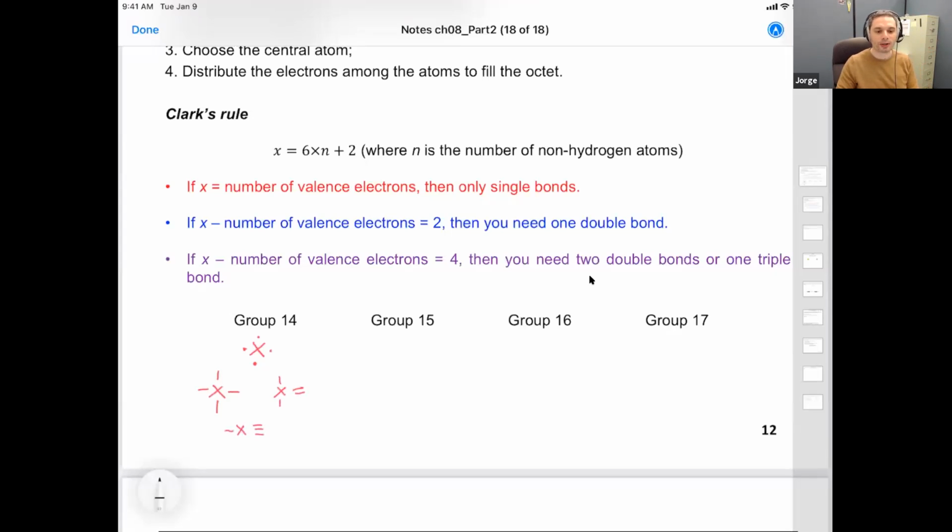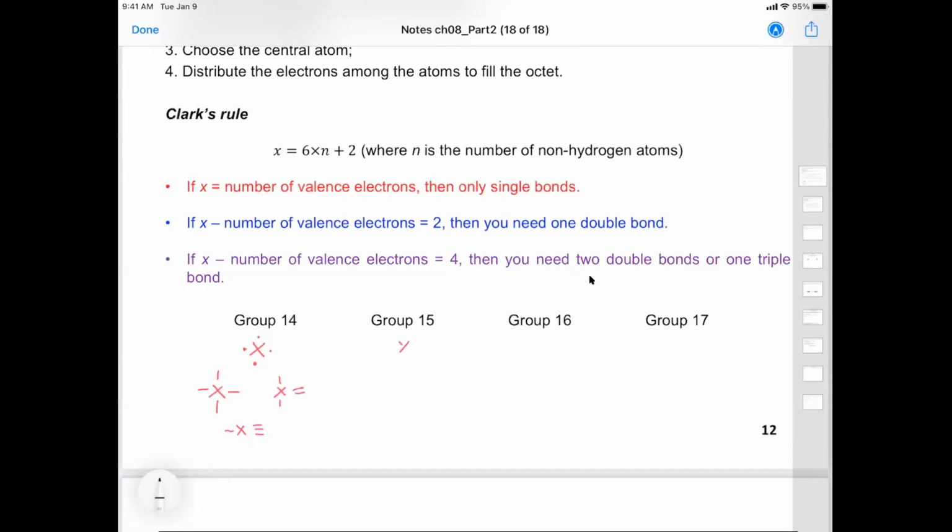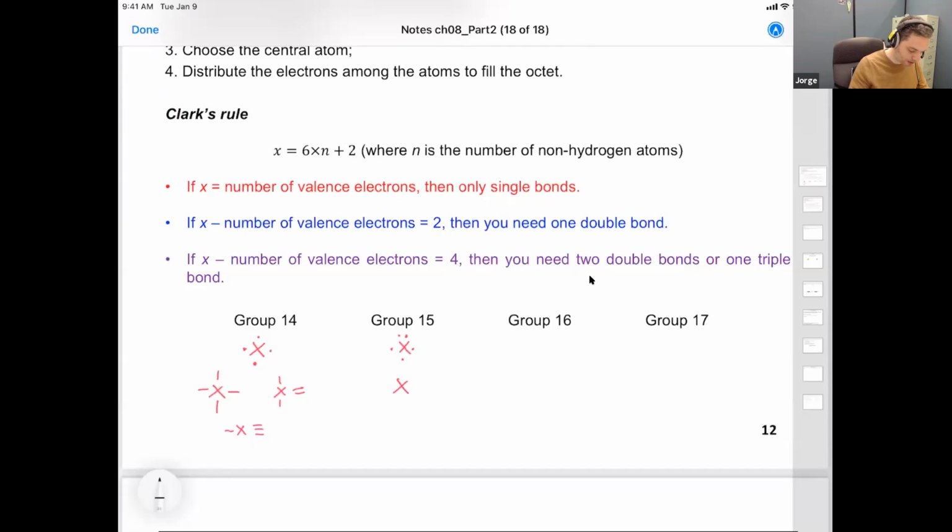Okay, so what I'm trying to show you here is that elements from group 14 make a maximum of 4 covalent bonds. They may be all 4 single bonds, or a combination of 1 double bond and 2 single bonds, or 1 triple bond and 1 single. Okay, so with this same idea, elements from group 15 have 5 electrons in the valence shell. Therefore, they need 3 more to achieve 8.